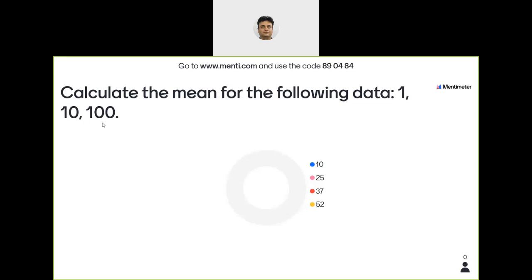Please come here, go to menti.com and use the code 890484.